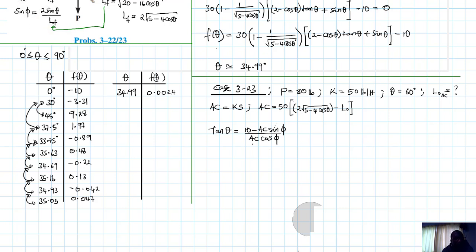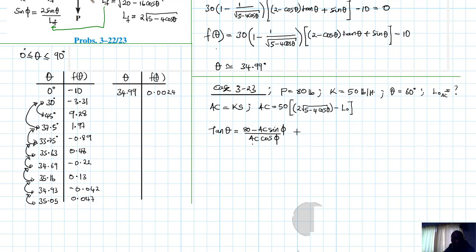But this equation that we just put, if you remember, this was P in the first case. So we need to change this and replace this with our new P. What's our new P? Our new P is equal to 80 pounds.